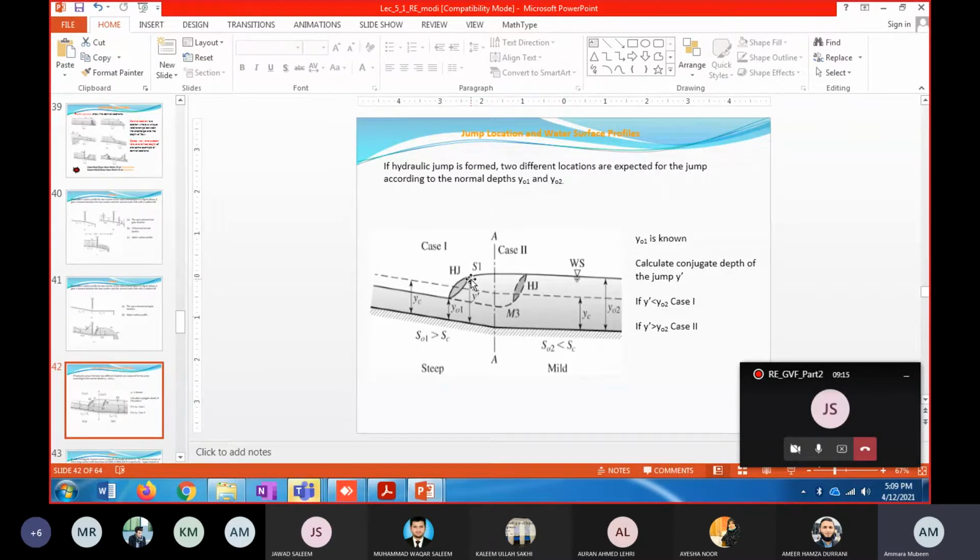If y dash is less than y naught, then the hydraulic jump will be made before the control section. If y dash is greater than y naught, then the hydraulic jump will be made after the control section. So you need to practice these scenarios and the examples given in this lecture, please.